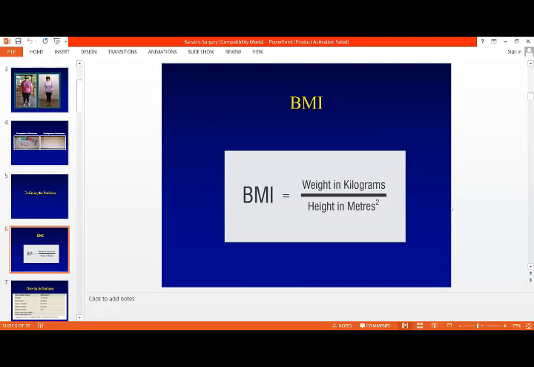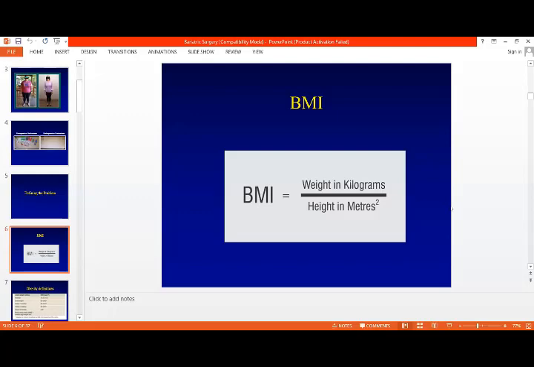So if somebody's weight is around 60 kg, he would write 60 in the upper portion, and the denominator in the lower portion is the height of the person. Let's assume his height is 1.5 meters, so it would be 1.5 meters squared. So weight divided by height in meters squared is the BMI.